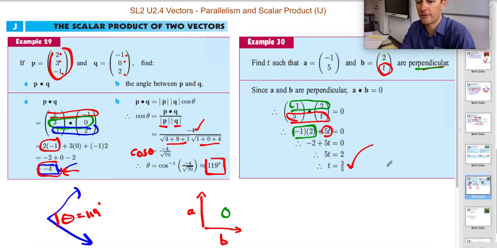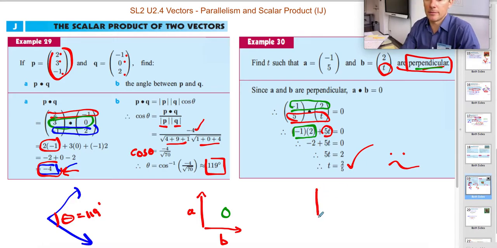It's 2/5. It's a sneaky trick that the IB likes to pull, but it shows insight that the vectors need to have components in the same direction to have a scalar multiple at the end.